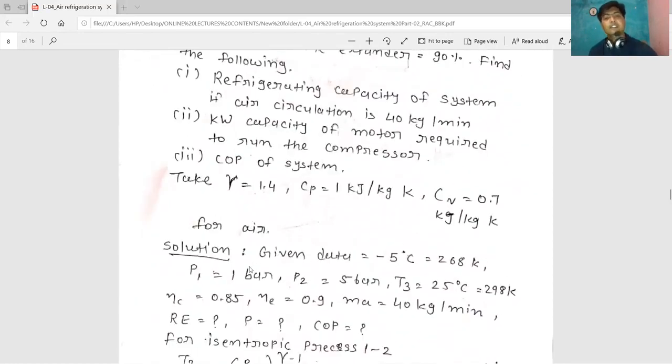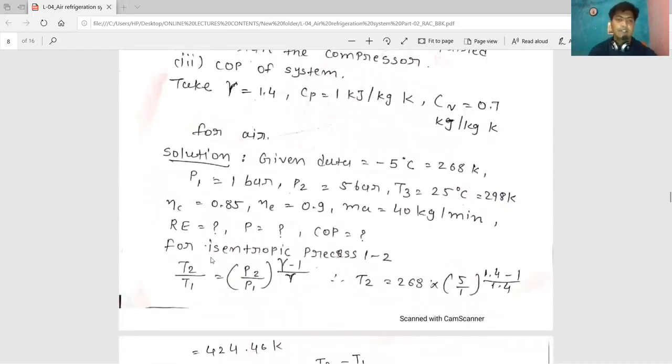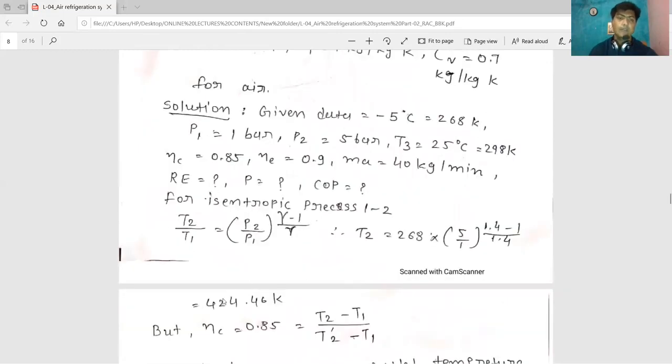So in this numerical, some things are a little different from the previous numericals. Because efficiency is given, we calculate the actual temperatures of the system. Given the isentropic process 1 to 2, T2 by T1 is equal to P2 by P1 raised to the power. So we can calculate T2 as 424.46.